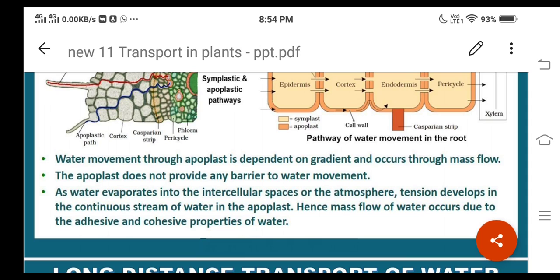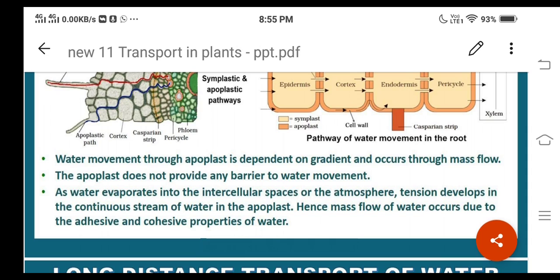It will evaporate into the intercellular spaces in the mesophyll cells. Finally water can move outside, to the atmosphere. When water moves to the atmosphere, some kind of tension develops in the continuous stream of water in the apoplast. This is called the transpiration pull.